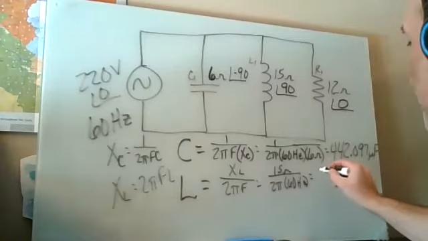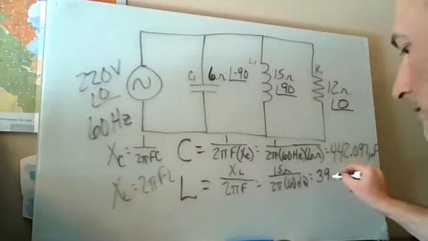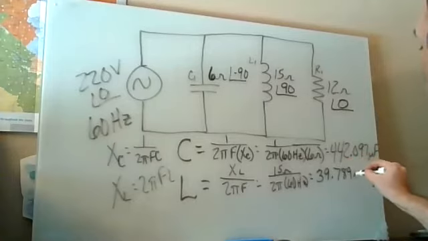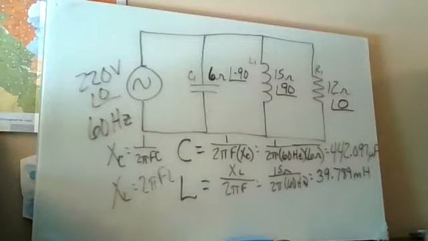And if I do that, I get 39.789 millihenries. So I could ask you for the value of the capacitor or the inductor if I give you X of C, but I have to give you the frequency.